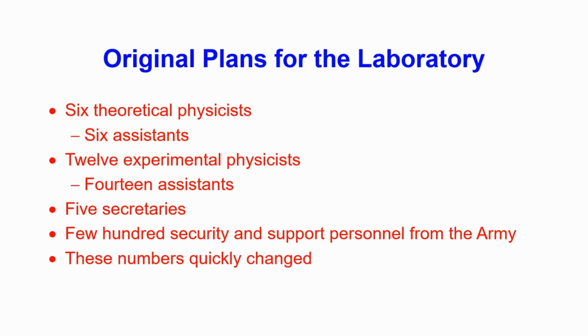Now, the original plans for the laboratory were that maybe 6 theoretical physicists, 6 assistants, 12 experimental physicists, maybe 14 assistants, 5 secretaries, and a few hundred security and support personnel in the Army. These numbers changed rapidly and went up and up.